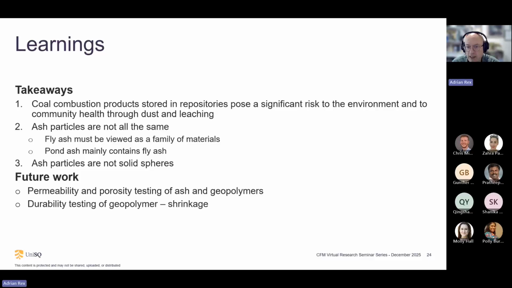There's no guarantee from bag to bag what the composition of that ash is, because it's a blend of ashes from several different power stations. So if you're wanting to do research using ash, I highly recommend talking to one of the cement companies and getting it from a bulk sample, not from a bag that you buy in Bunnings.